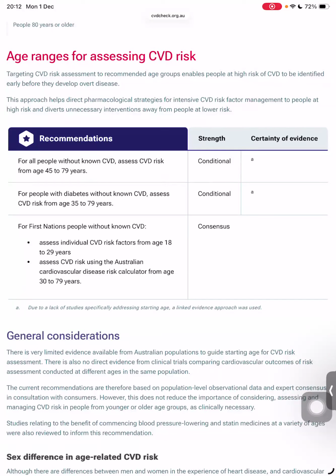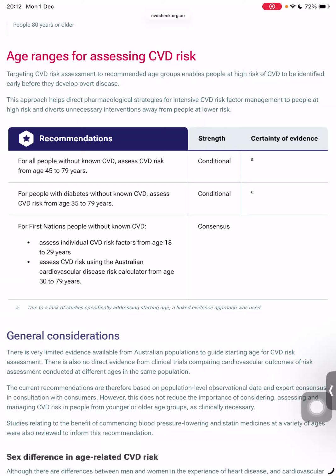So now we know two factors, right? For all people in Australia without any cardiovascular disease, we should start from 45. The second one you should remember, people with diabetes but without cardiovascular disease, we have to start from 35.